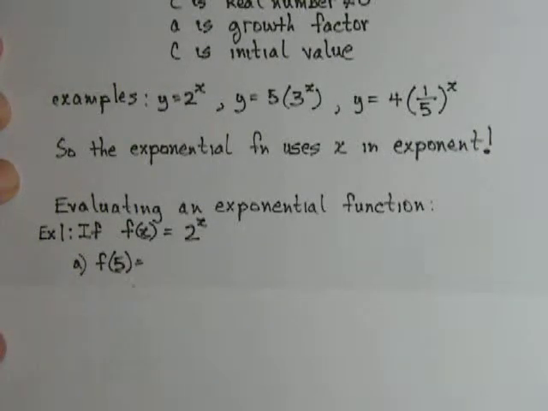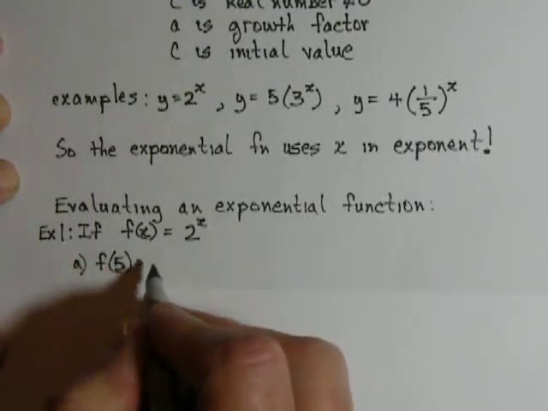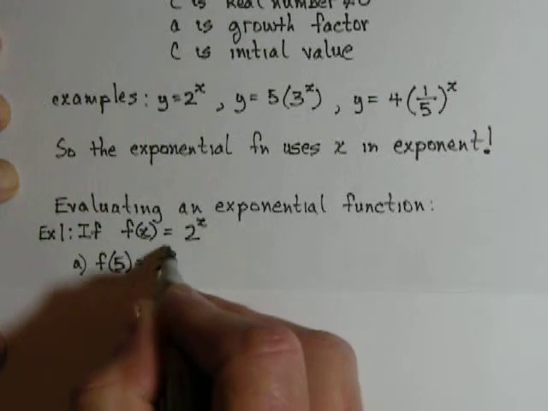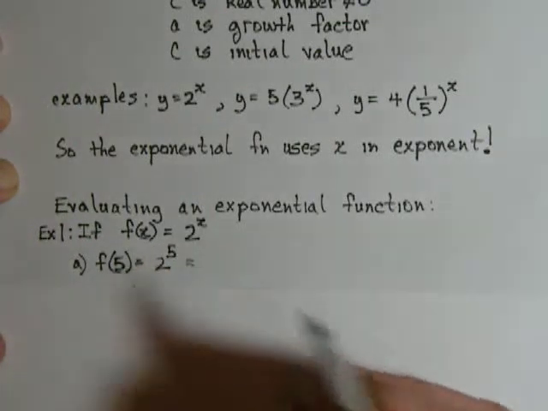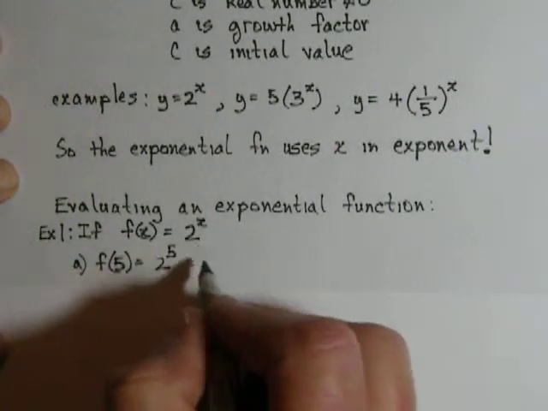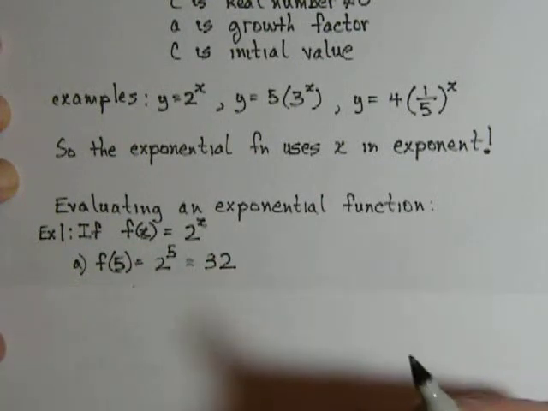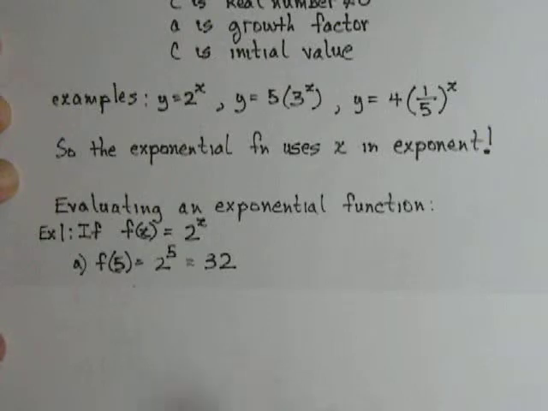Well, basically what you do is we're going to put 5 in the place of the exponent. So we would have 2 to the 5th power. That's what y is, and 2 to the 5th power is 32. So f of 5 would be 32. If x equals 5, y equals 32.